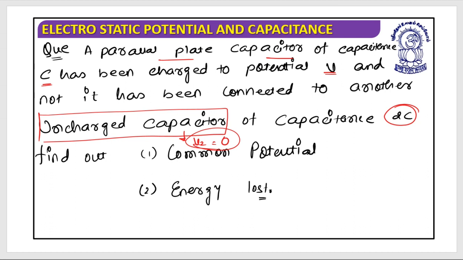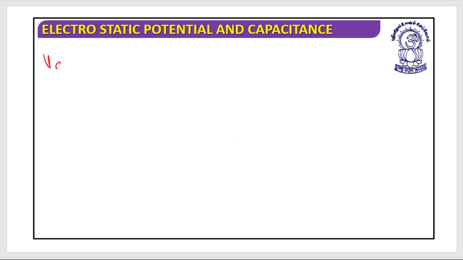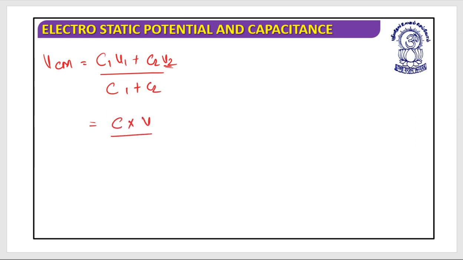So common potential VCM is equal to C1V1 plus C2V2 divided by C1 plus C2, and as V2 is 0, this is equal to C into V divided by C plus 2C. It's 3C, this C has gone, and this is V by 3. This is VCM. Is it clear? Now, this is the first part.